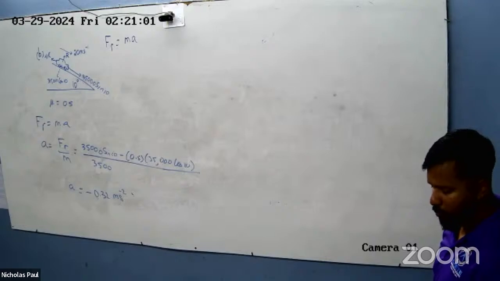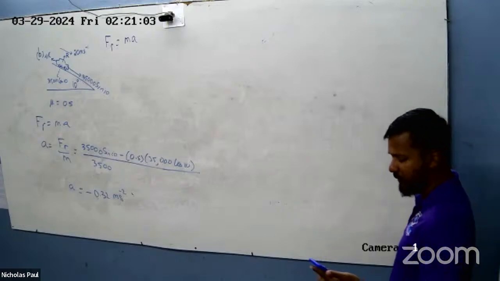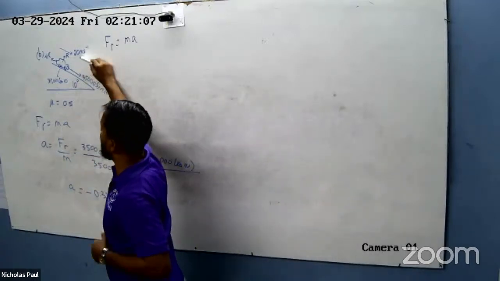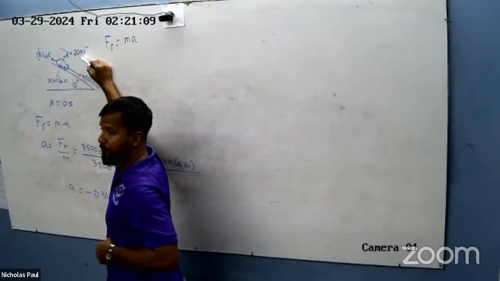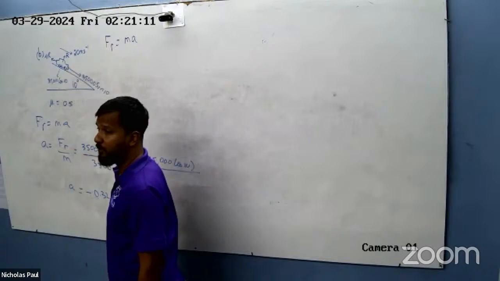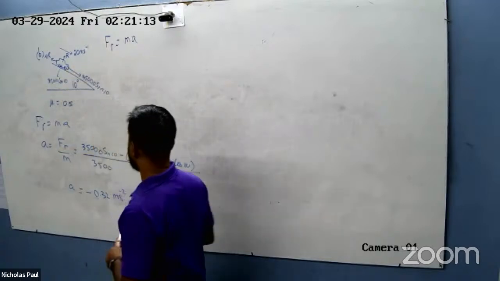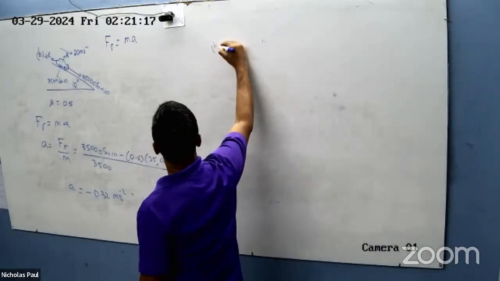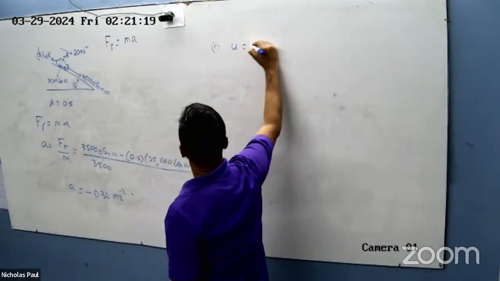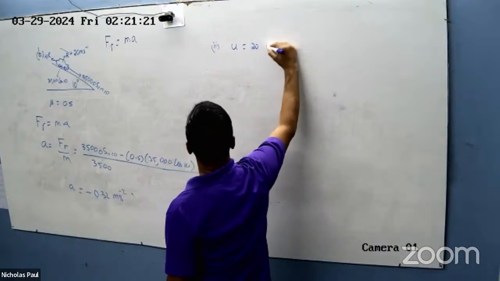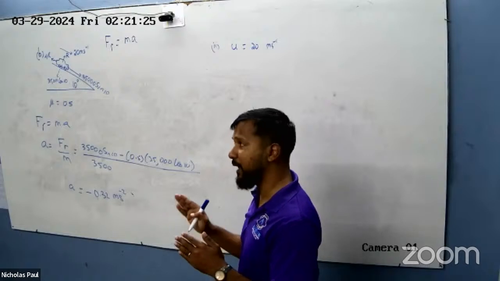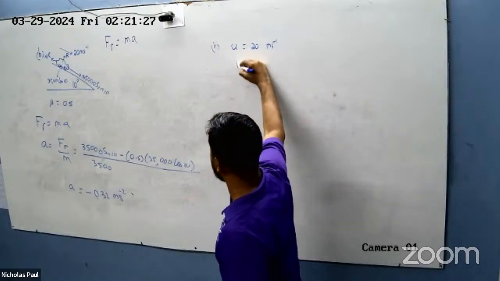So now, what do I do to get distance? Just think about a normal question. Normally, when they give you something, you use it. And we have initial velocity. So in part 2, we have the initial velocity. You want to find how far the tires skid. So when the tire stops skidding, what's the final velocity?